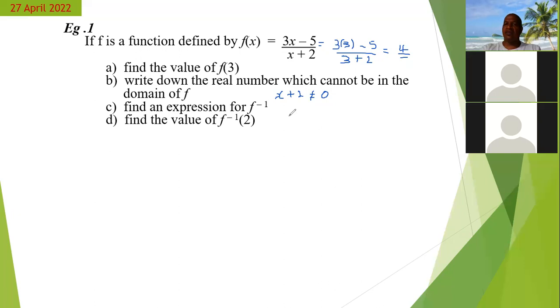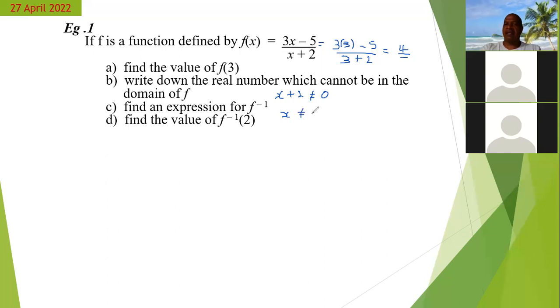And if x plus 2 cannot be equal to 0, and we treat this as an equation and solve it, then we are saying that x cannot be equal to, bring the 2 across and change the sign, right?